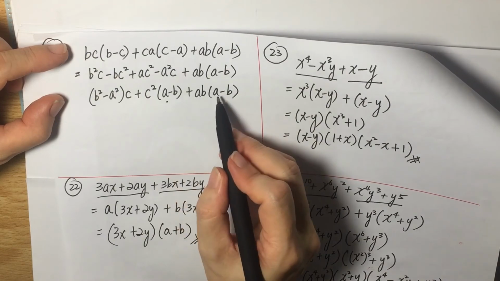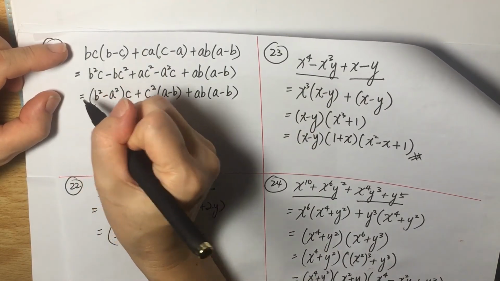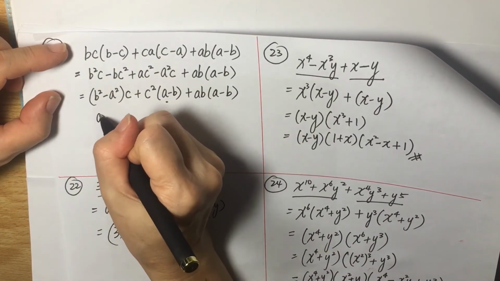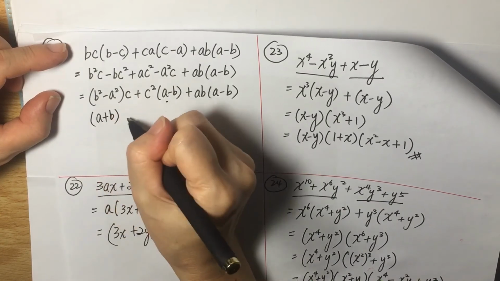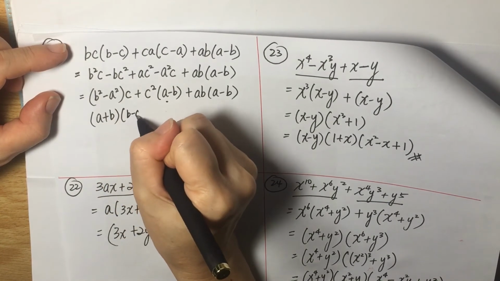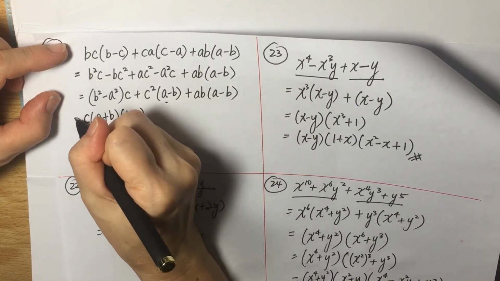So I have it here, so I need one more here. So this one is A plus B, and then B minus A, C.